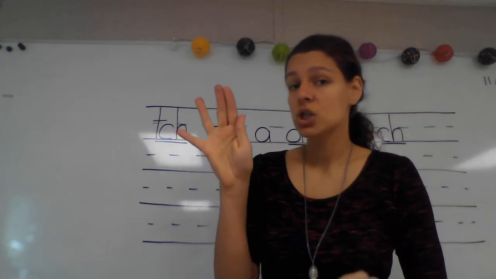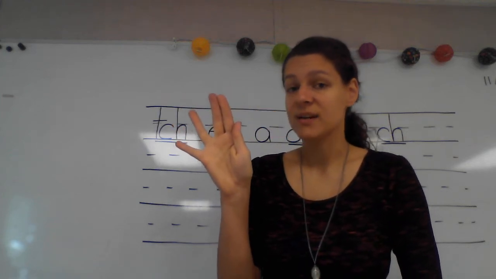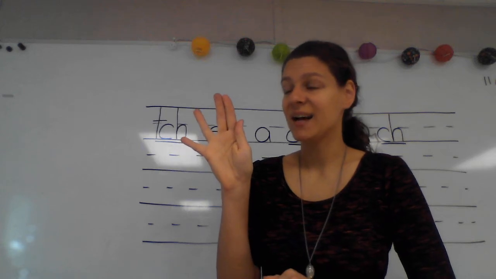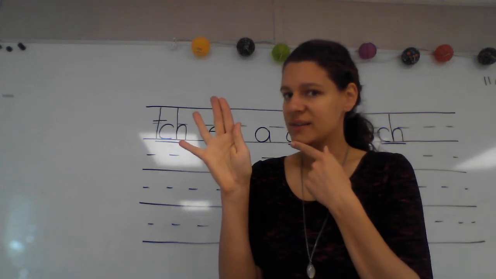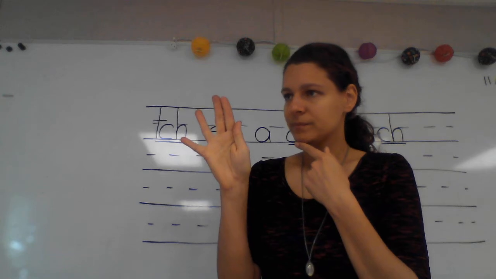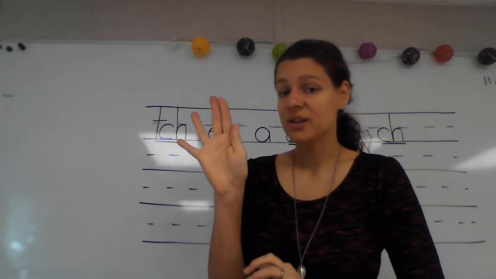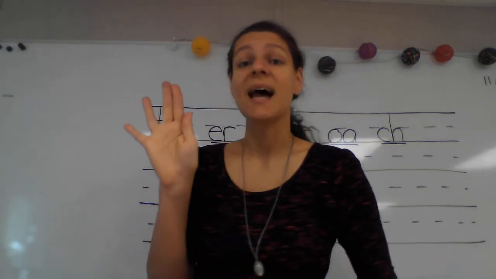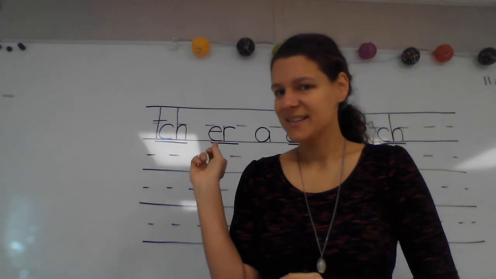We're going to use ch, 3-letter ch, used after a single vowel that says a, i, or a. Which ch are you using? Good. Ch, 3-letter ch, used after a single vowel that says a, i, or a. Say it while you write it.